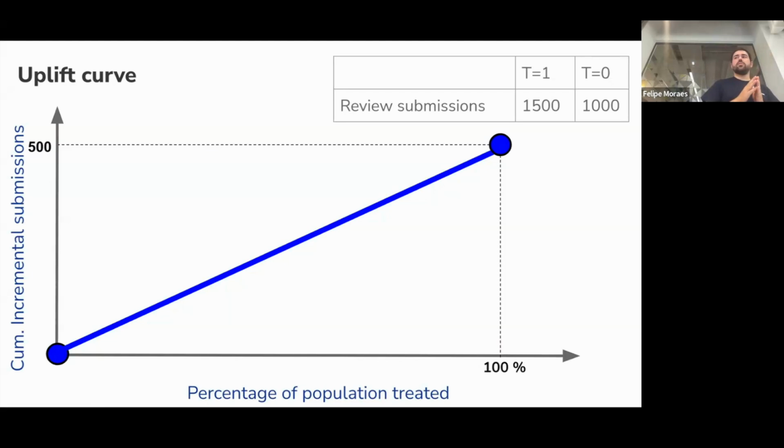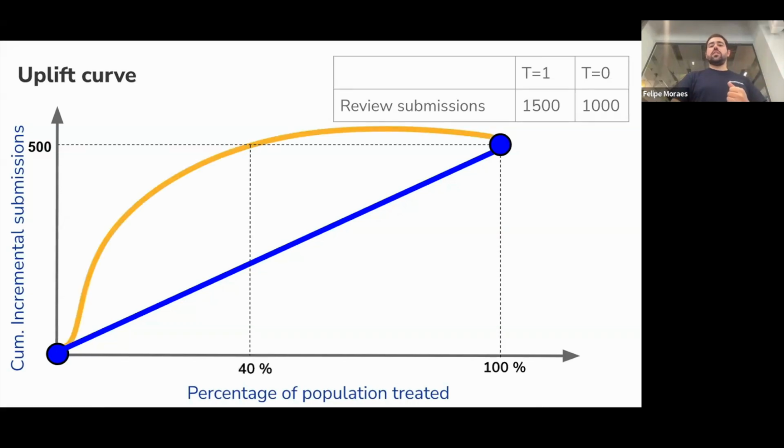The random curve just tells us that if I would just treat 50% of the people with the treatment 1, it means I would get half of that. So I would get 250. So those are the first 2 things we know. And then if we make an uplift curve, we hope it's above the random line, right?